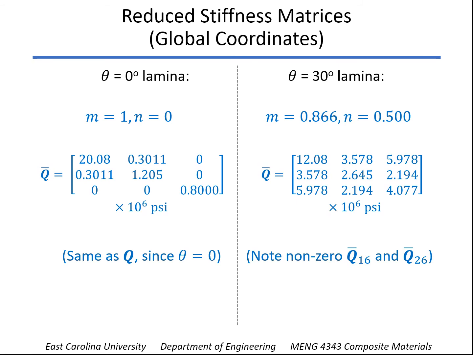Notice for the 30 degree Q bar matrix that the Q bar 1,6 and Q bar 2,6 are both non-zero, whereas for the 0 degree laminate, those are 0. And again, what that means is that for this 30 degree laminate, if you pull it in the x direction, it's going to have some in-plane shear.